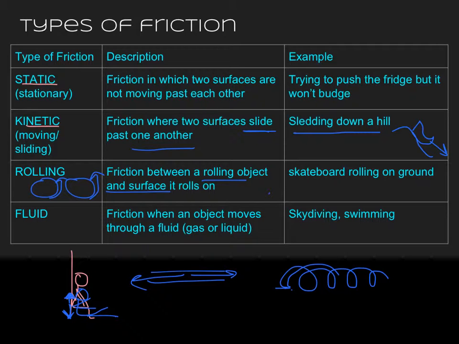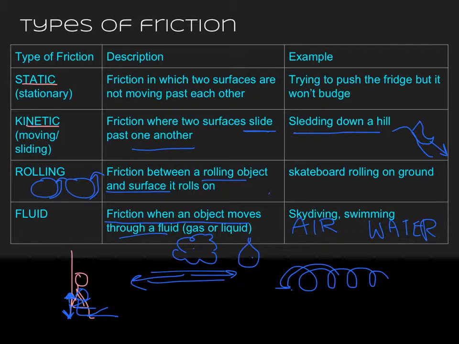And then fluid friction. Fluid friction is when an object moves through a fluid. Now remember, that can be a gas or it can be a liquid. So that is both gas and liquid. So in a gas, that could be in air, skydiving, and swimming in water.